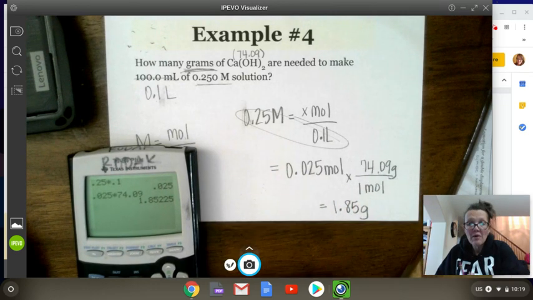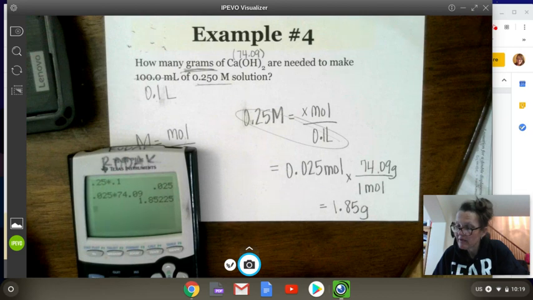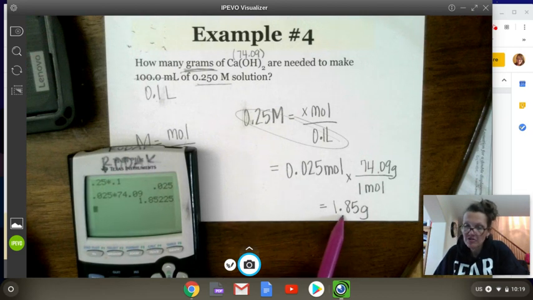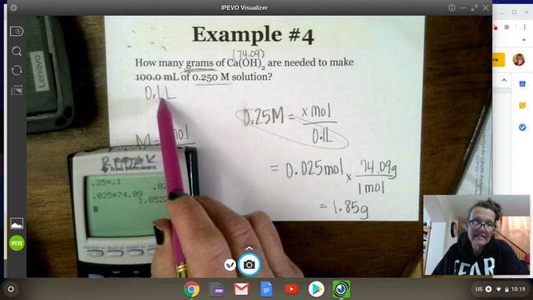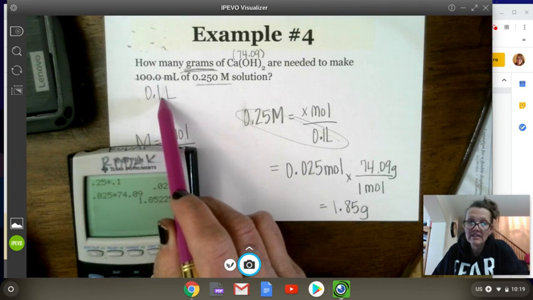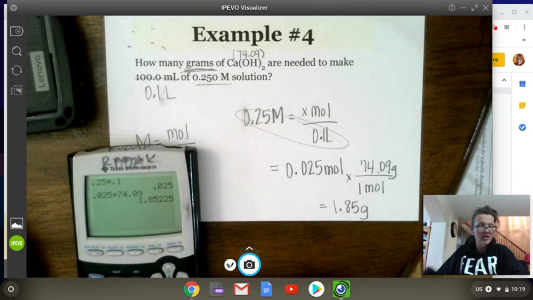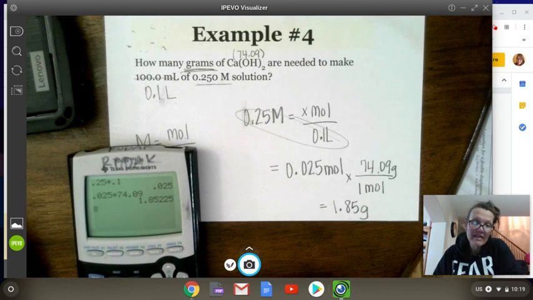So if I wanted to go and make the solution in the lab, I would get myself a container and I would measure in 1.85 grams of the solute, in this case calcium hydroxide, and then I would add water until I had exactly 0.1 liter, until I had exactly 100 milliliters. And then I'd give it a good shake and I would have my solution.